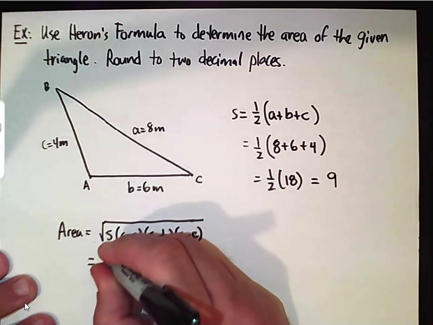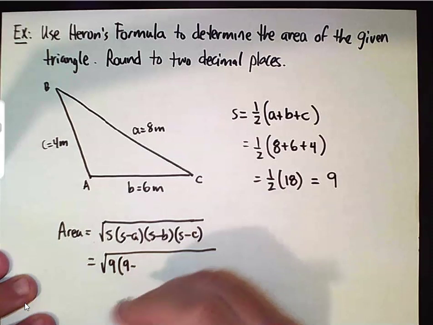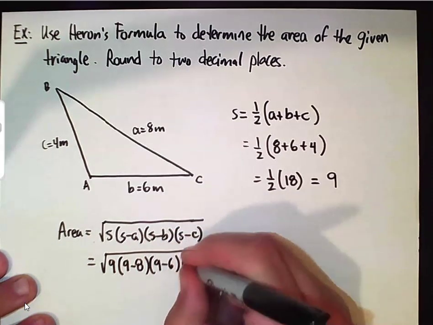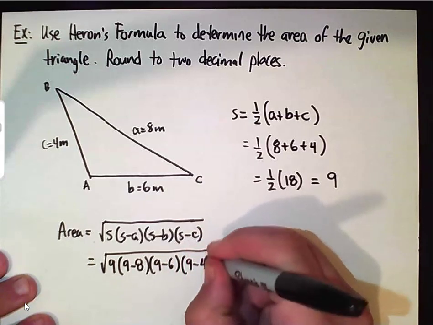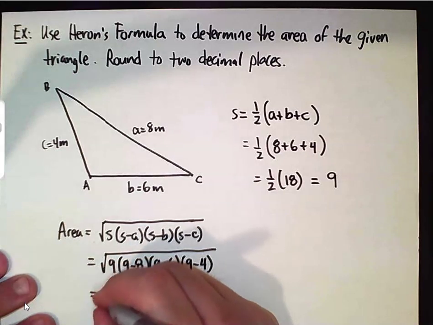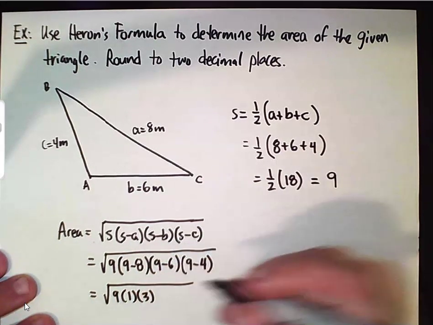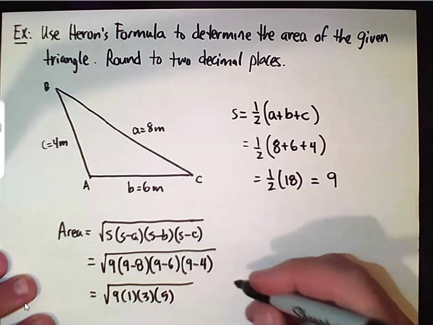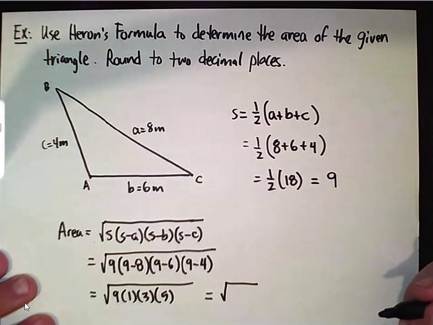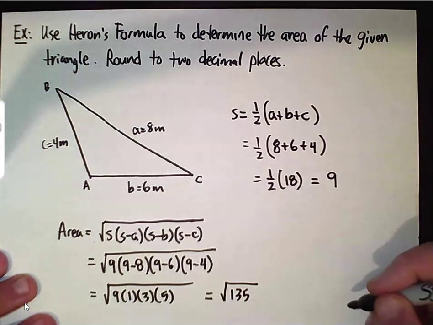So that's the square root of 9 times 9 minus 8 times 9 minus 6 times 9 minus 4, or the square root of 9 times 1 times 3 times 5, which is the square root of 135.